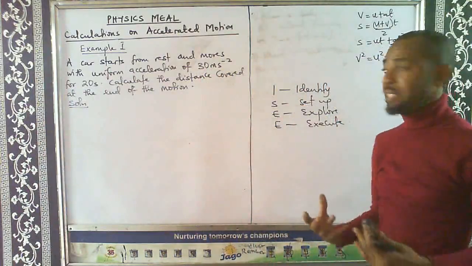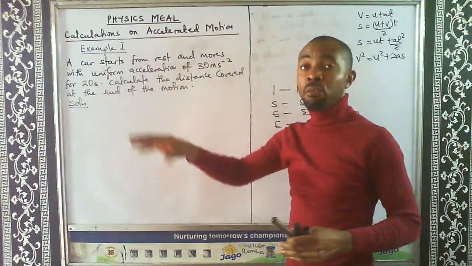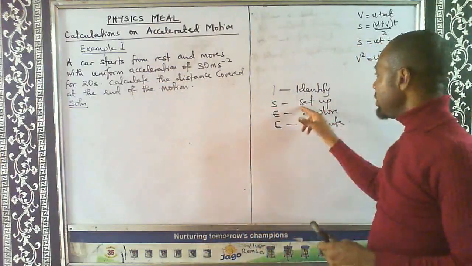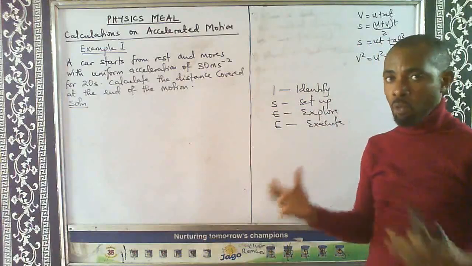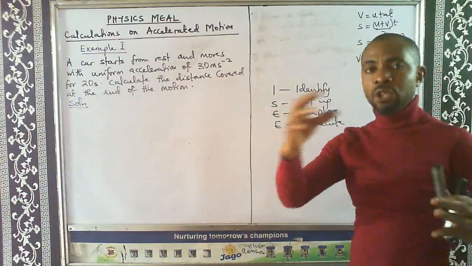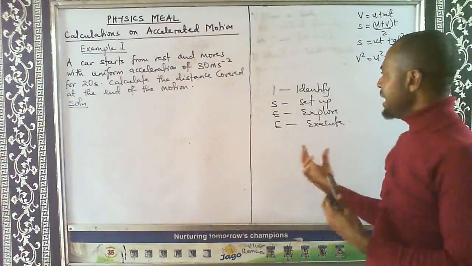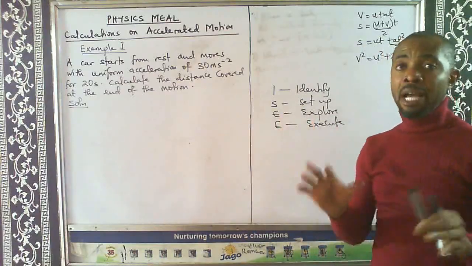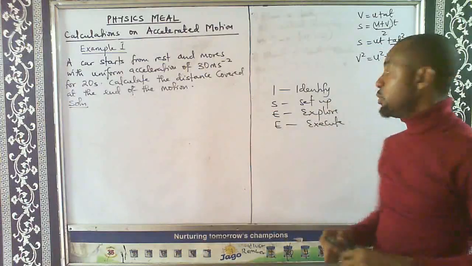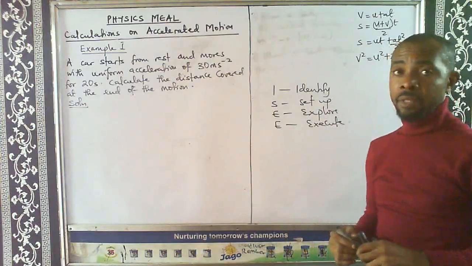That's what we mean by setting up. When you have identified all the quantities given, including the one we are asked to calculate, then we set it up using appropriate symbols. When we are done with the identification and setting up, we begin to explore, to search for the suitable expression or equation or formula that can help us to solve the problem. And then once we find that suitable formula, we now execute. We now solve.